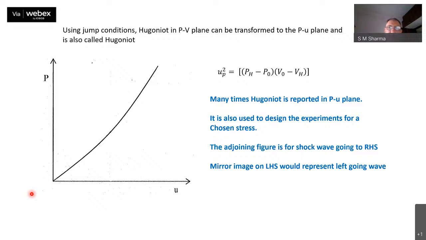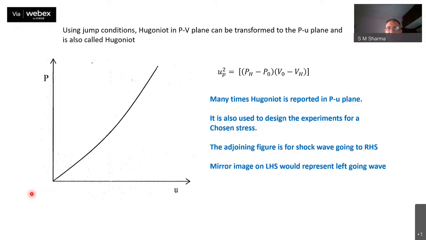So when you say the Hugoniot of this material is this, one can refer to either of those. The reported curves may refer to either of these two planes. We will see how this PU curve is used to design experiments.